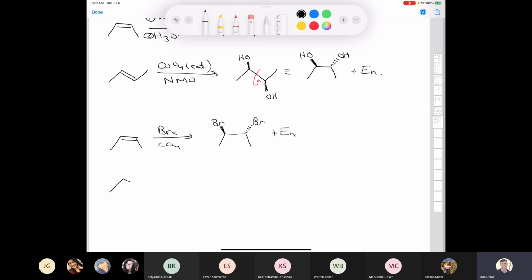However, if you were to use a trans alkene and treat that with bromine and carbon tet or nothing, whatever, doesn't matter. You would end up with one bromine up and the other bromine down like this. But again, if you rotate this bond, you see that that is actually a meso compound where you have one bromine coming up like this and the other bromine coming up like that.